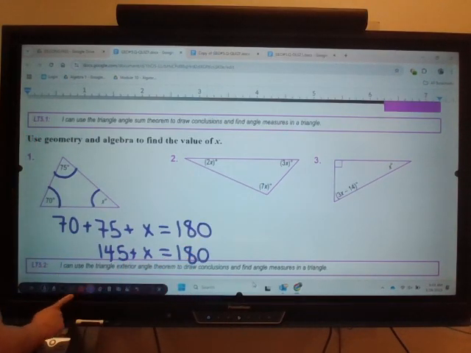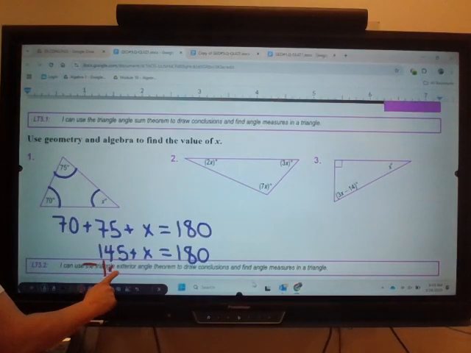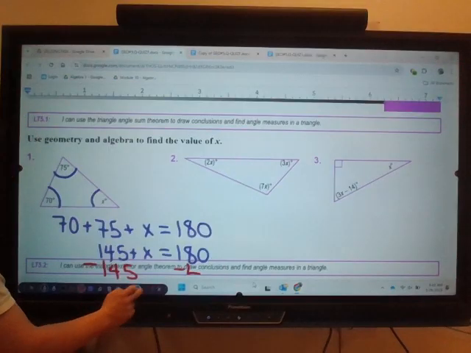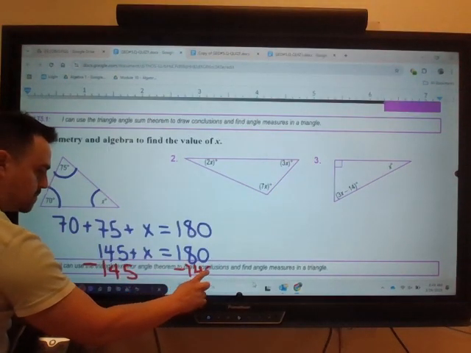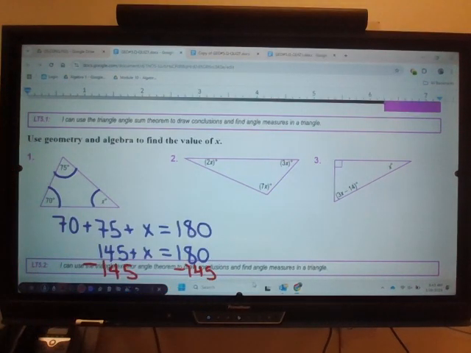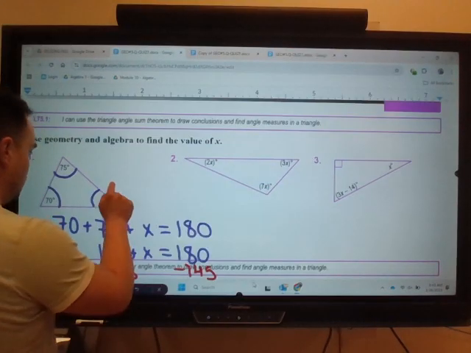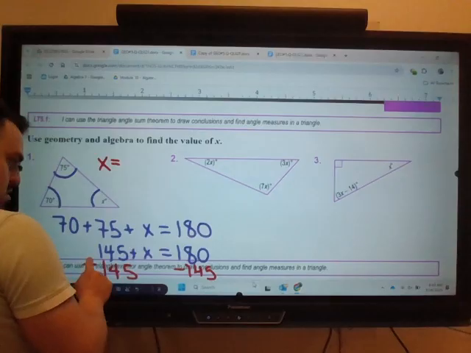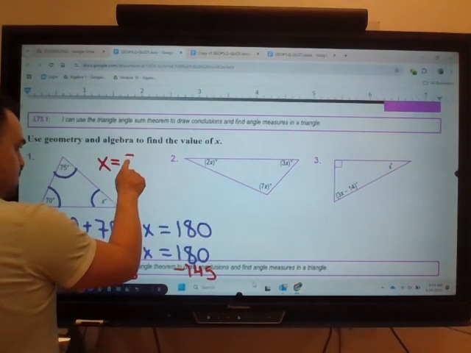I combine those two like terms. I'm going to subtract 145 from both sides, and I'll be left with our answer. X is equal to 35 degrees.